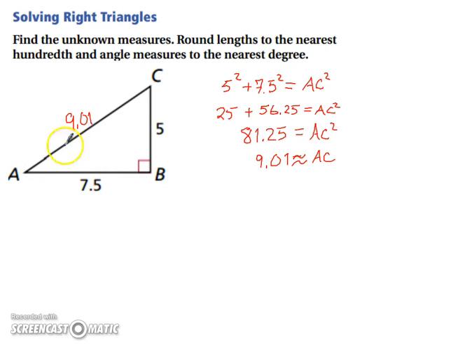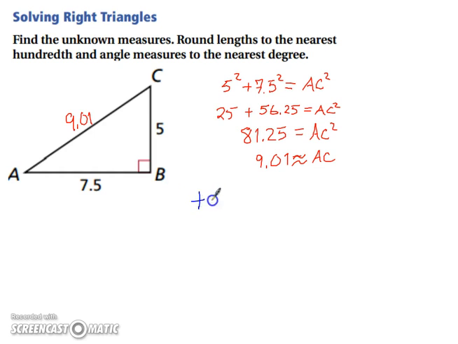Alright, now we've got our two angle measures to go. So why don't we start with angle A? Now you can use sine, cosine, or tangent. Sine would be opposite over hypotenuse. Cosine would be adjacent over hypotenuse. Or tangent would be opposite over adjacent. For this one, I'm just going to use tangent.